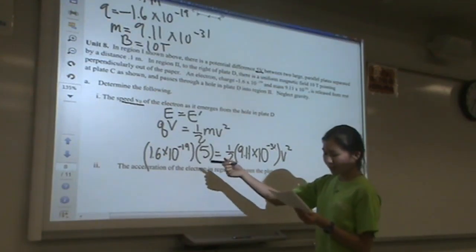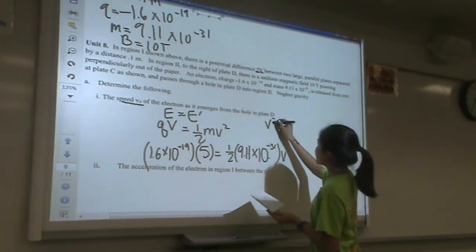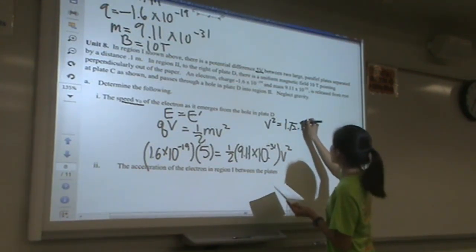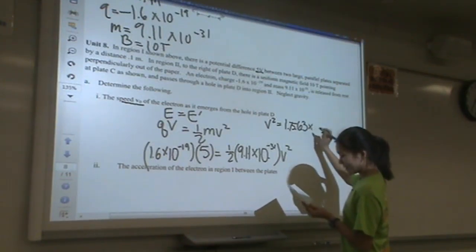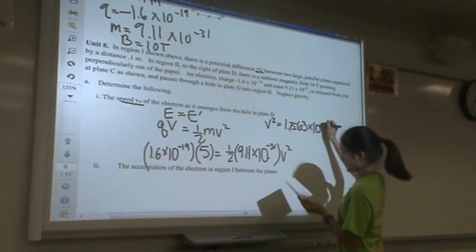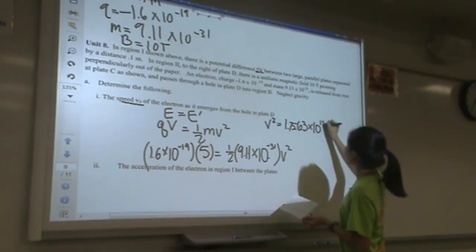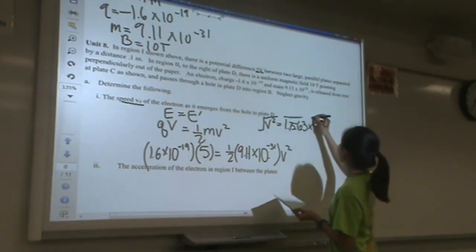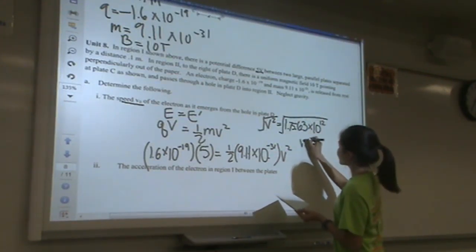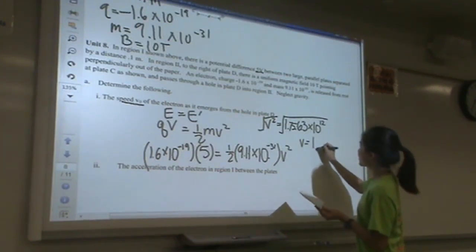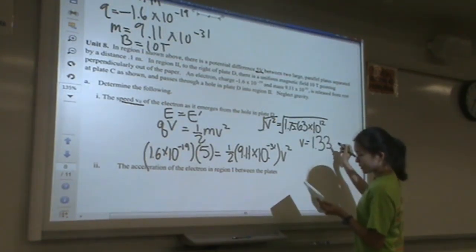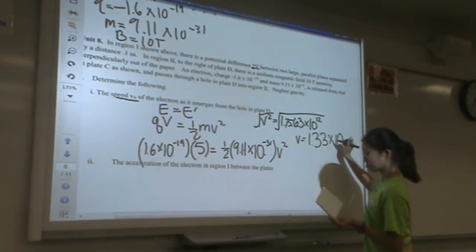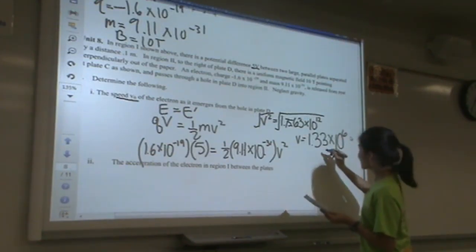Plugging that into your calculator, we get that V squared equals 1.7563 times 10 to the negative 31st, times 10 to the 12th. Then you take the square root of both sides, and you get that V equals 1.33 times 10 to the 6th, and that's in meters per second.